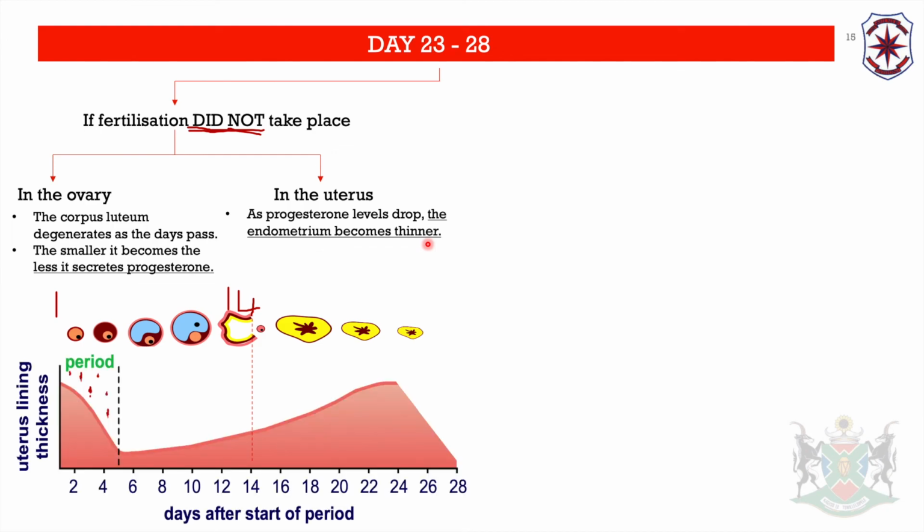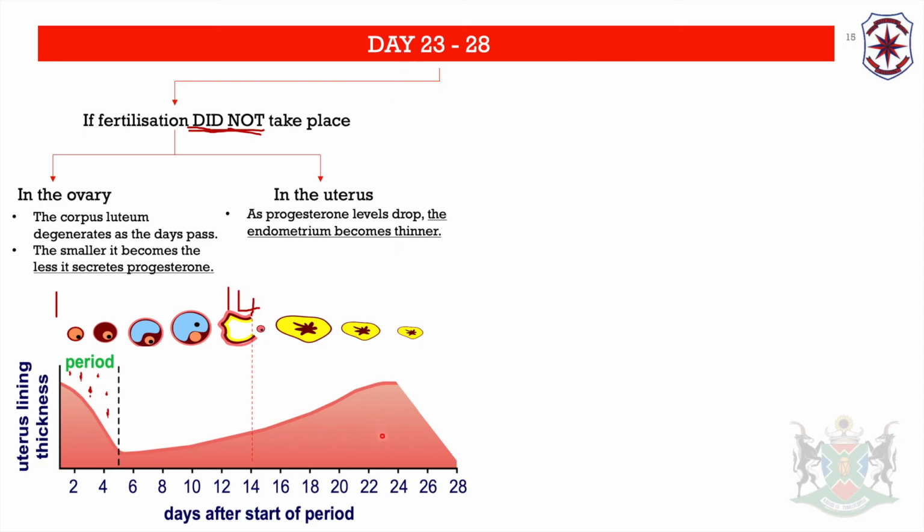So at any point beyond day 23, when you see the endometrium becoming thinner, you must know that fertilization did not take place. So what indicates to us that fertilization did not take place are the following.